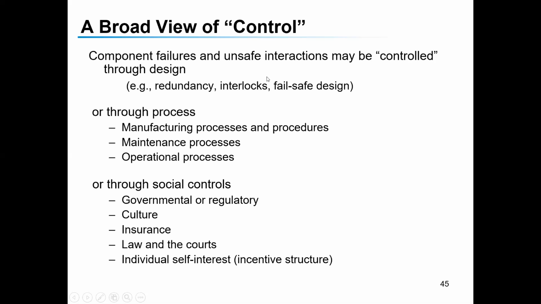Controls may be through component failure protection and unsafe redundancy, interlocks, and so on, or through manufacturing processes and procedures, maintenance, operational processes, or even through social controls: government regulatory authorities, culture, insurance, the law, individual self-interest. All of these are controls that we want to use to maintain the safety constraints.